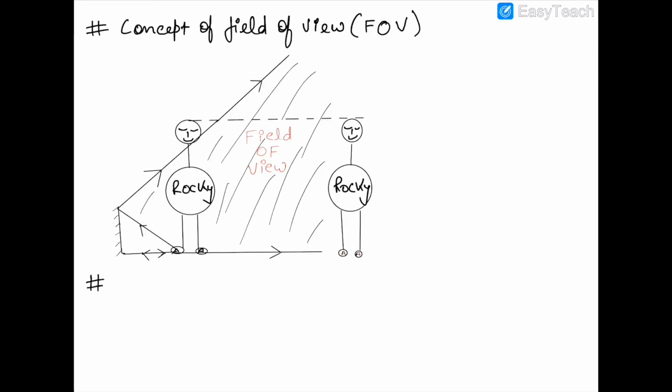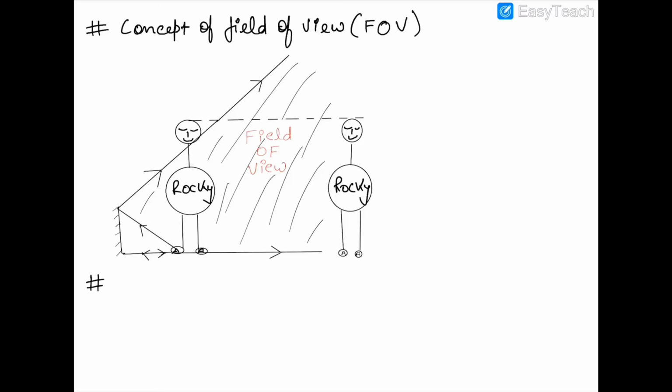Now, Rocky is quite delighted and surprised, and he's trying the shoe, and he wants to see the shoe in the mirror while wearing it. So Rocky has made a mistake initially: he is standing too near the mirror. This is the mirror, and Rocky is standing very close to the mirror.